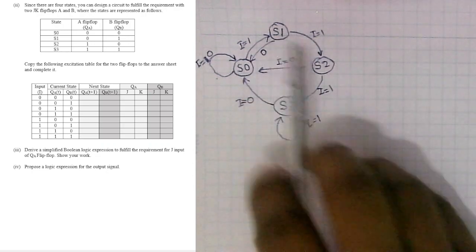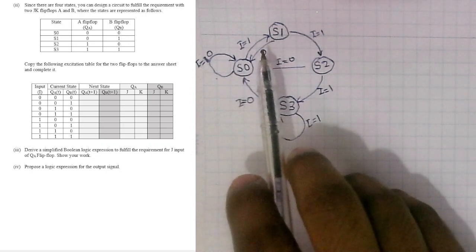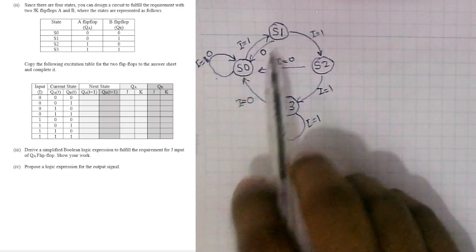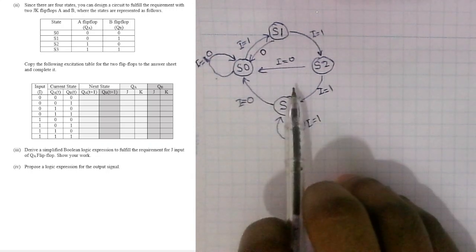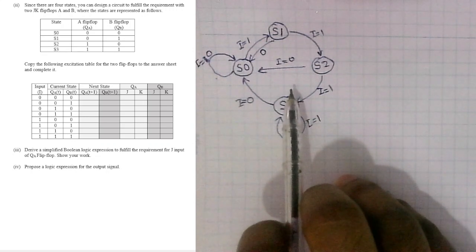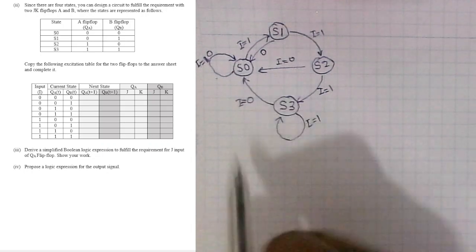So now there are four states as we know, and we need proper representation of all these states in some way in our circuit. For that we know that we are supposed to use JK flip-flops now. There are four states, right?